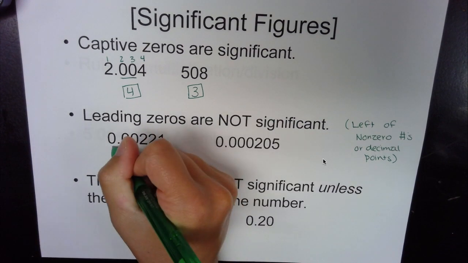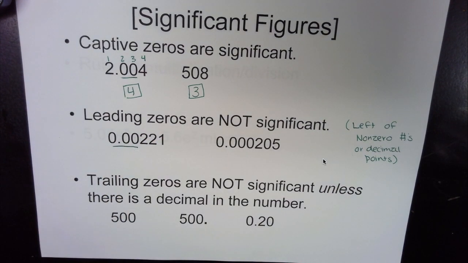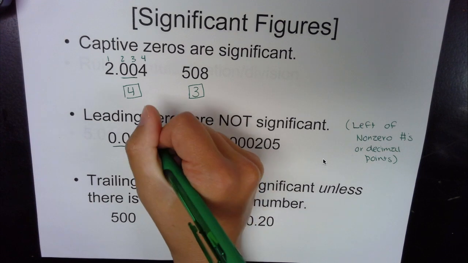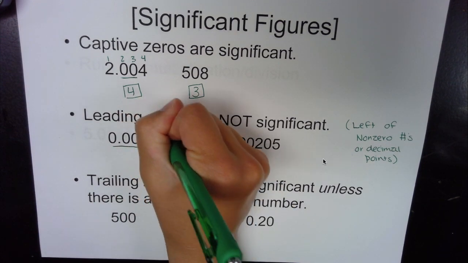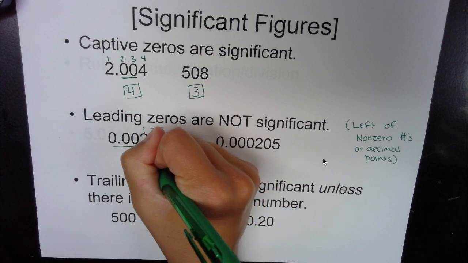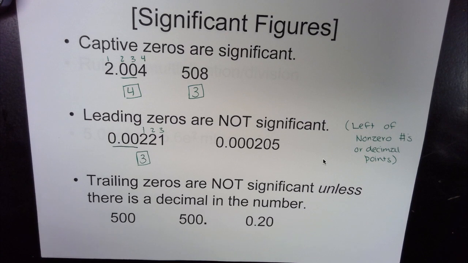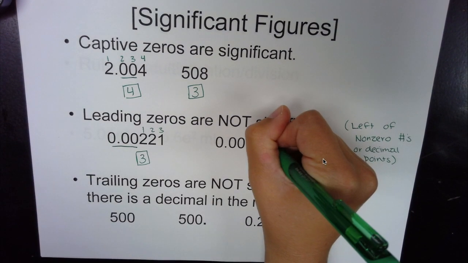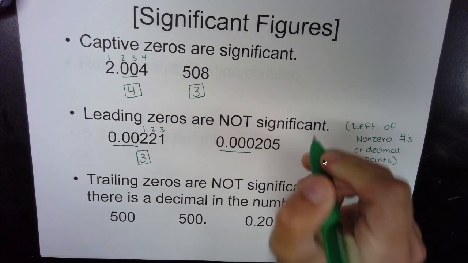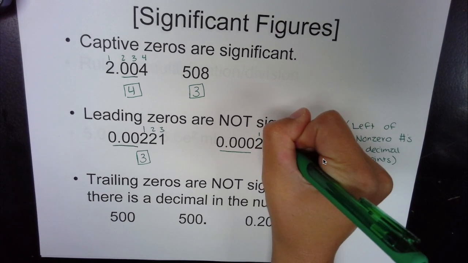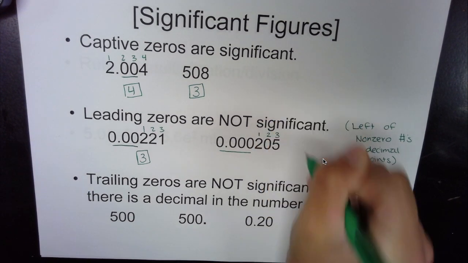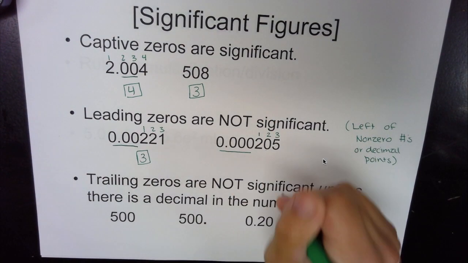So these 3 zeros are not significant. The 2 and the 1 give you a total of 3 significant figures. What about this one? I hope you said 3. Remember, leading zeros are not significant, so you have 1, 2, 3, because this is a captive zero.